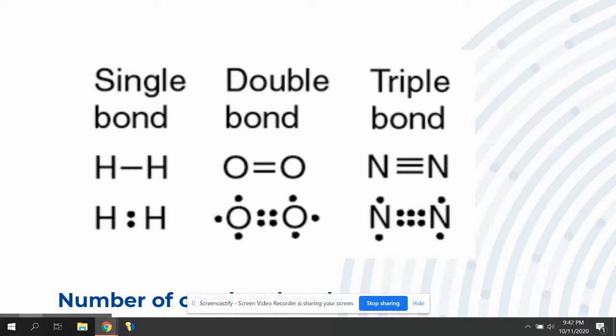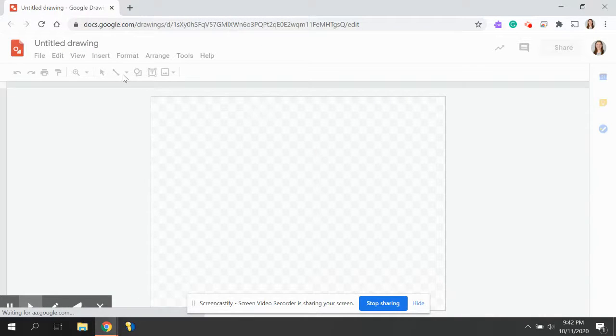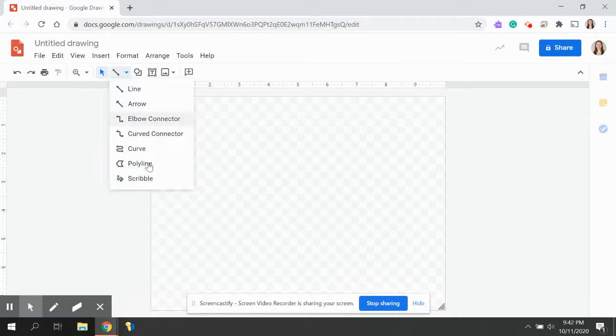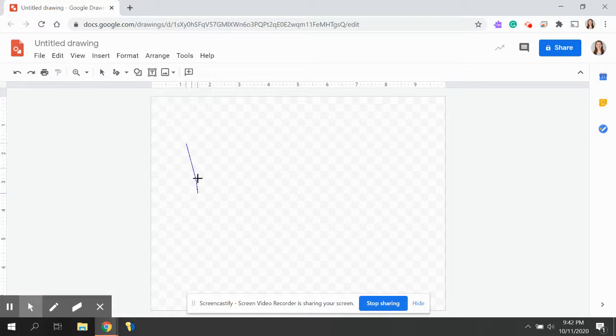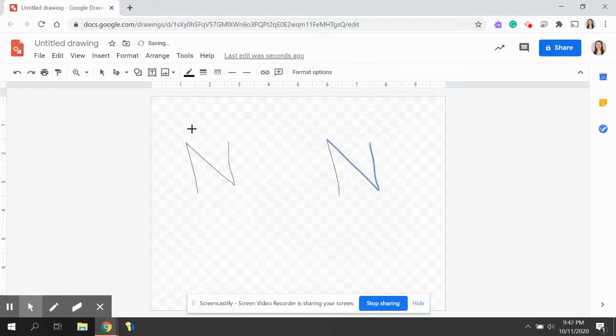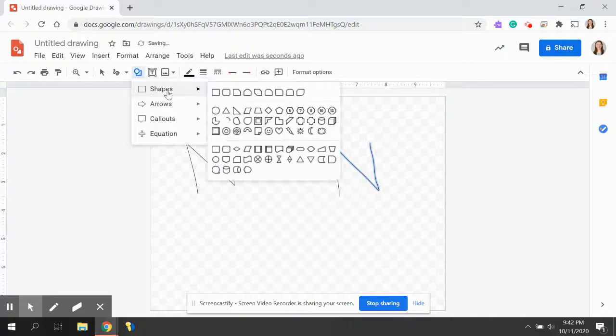You know what, let's just make a new one. So if I bring over nitrogen, I'm just going to go to Scribble. We're going to try this a little bit better. I wish there was just a big dot.